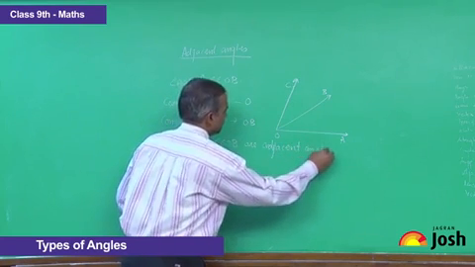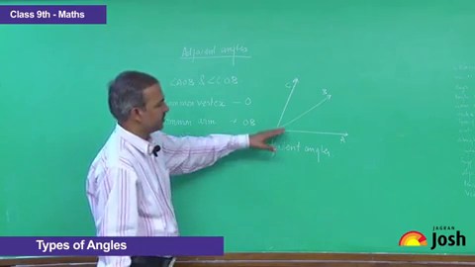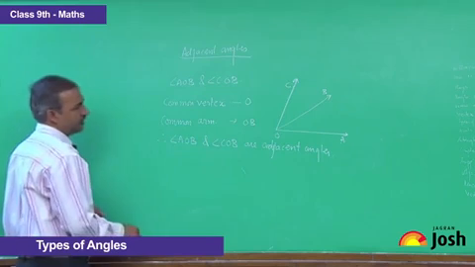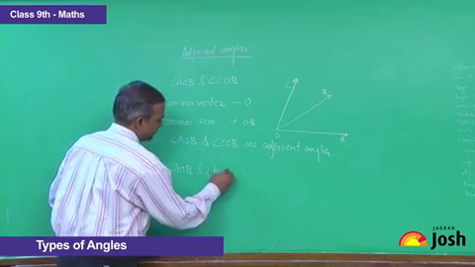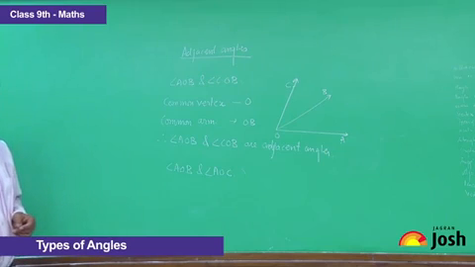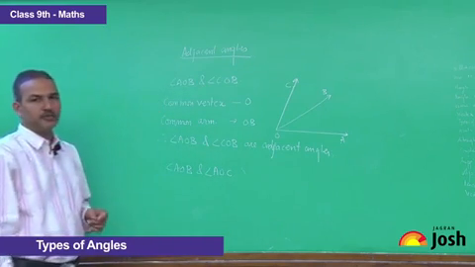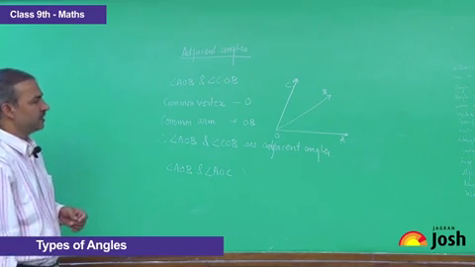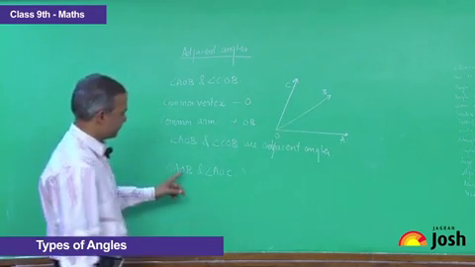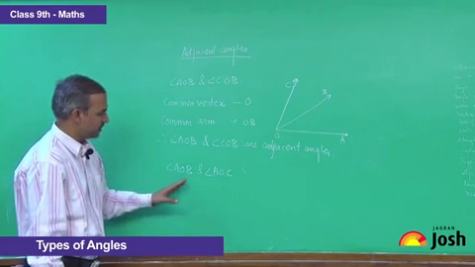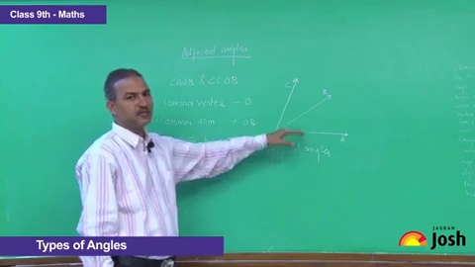Sometimes students commit a mistake by considering angle AOB and AOC as adjacent angles because they also appear to have a common arm AO and a common vertex O. But truly speaking, these are not adjacent angles, because their non-common arms OB and OC are both lying on the same side of the common arm.